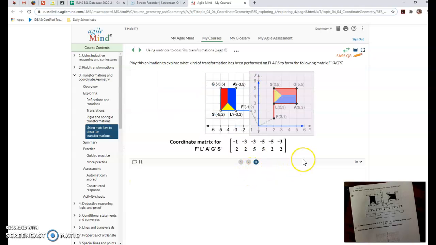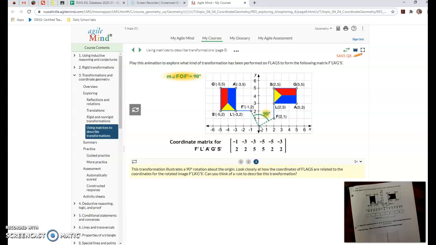So, look at the angle between 2 points, using the point you're turning around as its vertex. If I connect point F with the origin, which is the point I was keeping still, that fixed point, and F prime, notice that they make a 90-degree angle together. So that was a 90-degree rotation in order to create that image point of F prime. So what happened was a 90-degree rotation counterclockwise around the origin.